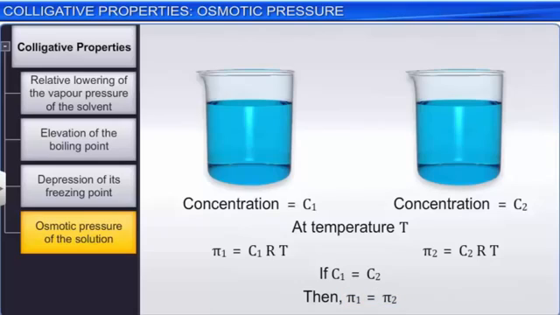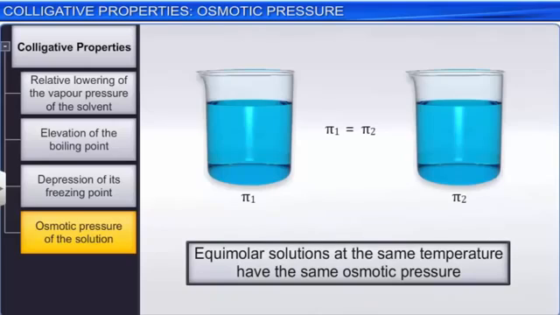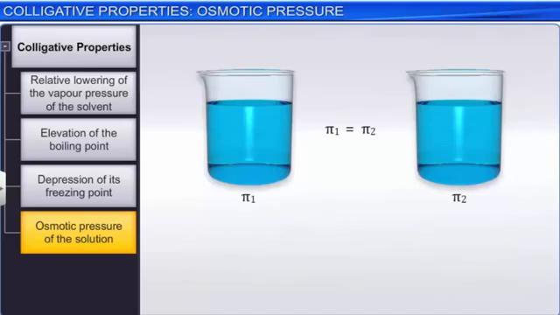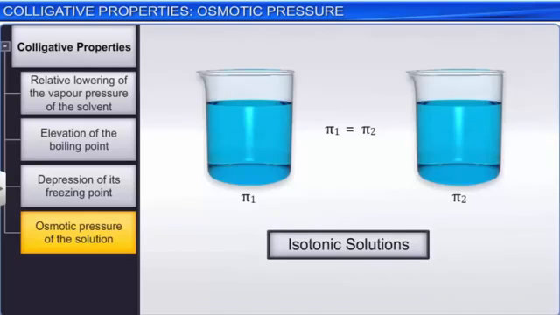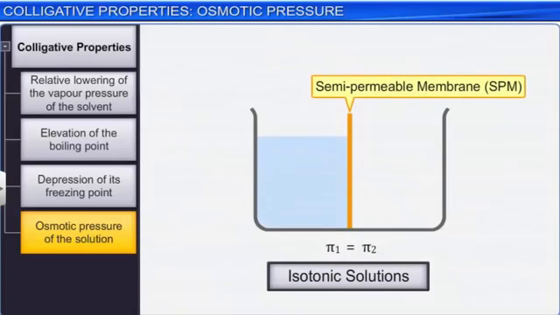It means that equimolar solutions at the same temperature have the same osmotic pressure. Such solutions with the same osmotic pressure at a given temperature are called isotonic solutions. When such solutions are separated by a semi-permeable membrane, no osmosis occurs between them.